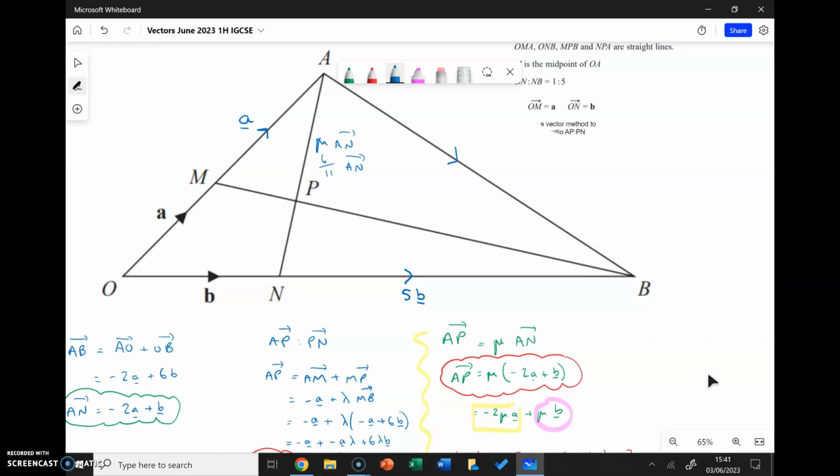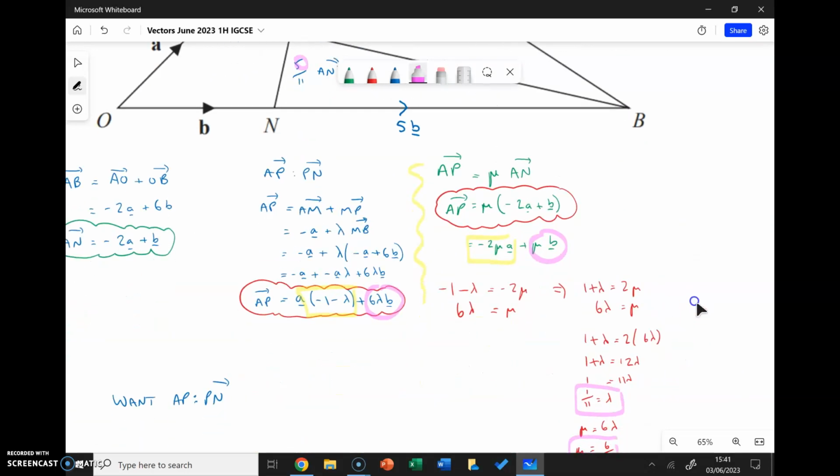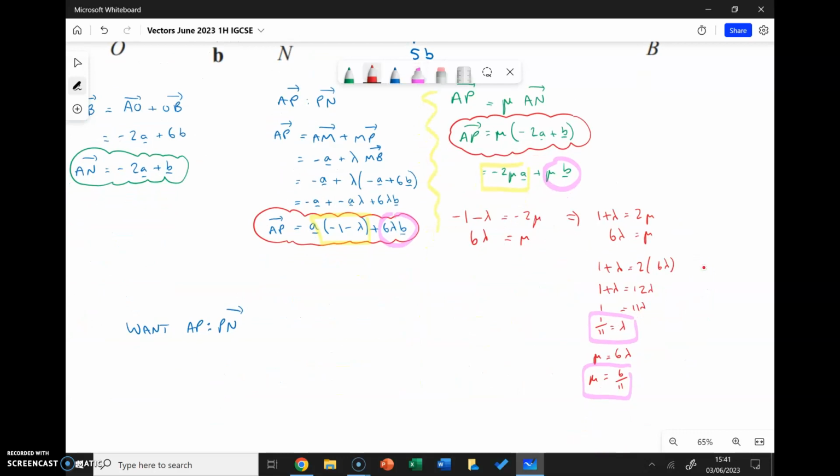Well, if that's 6 11ths, then this bit must be 5 11ths of AN. Because AN has got to be one whole, so that's 11 11ths. And I want the ratio of AP to PN. So can you see that's just going to be 6 to 5? And that is our answer. So we go back down here and we got 6 to 5. I think that's a very tricky but lovely question.